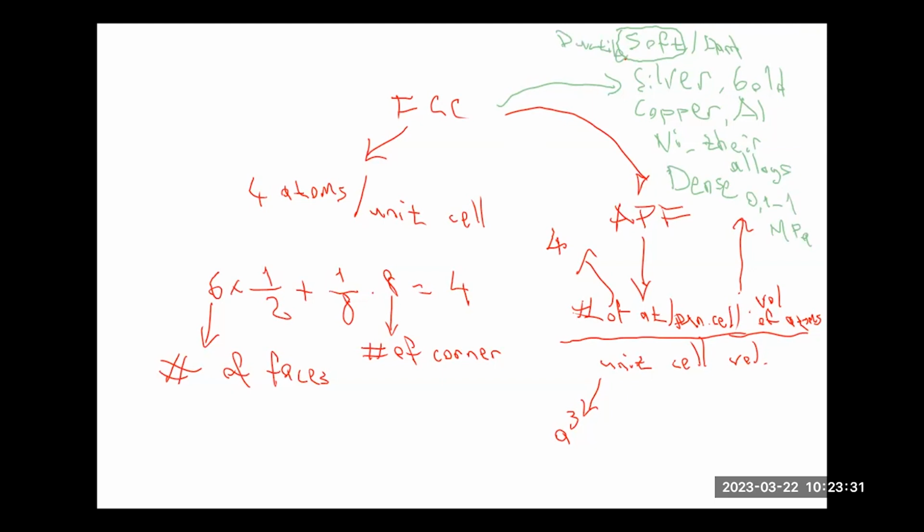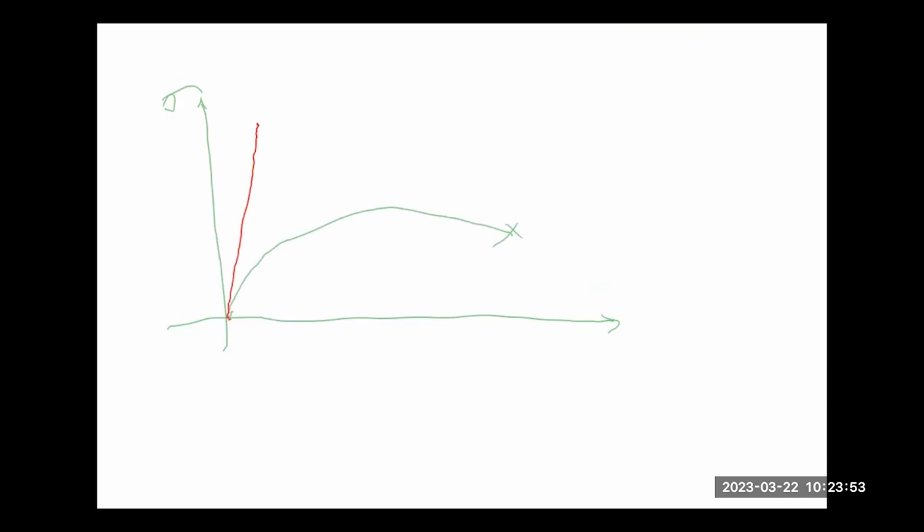So if you look at the stress and strain diagrams of FCC, what you're going to see is something like this, whereas the BCC, so this is BCC, and this is the FCC stress versus strain curve.